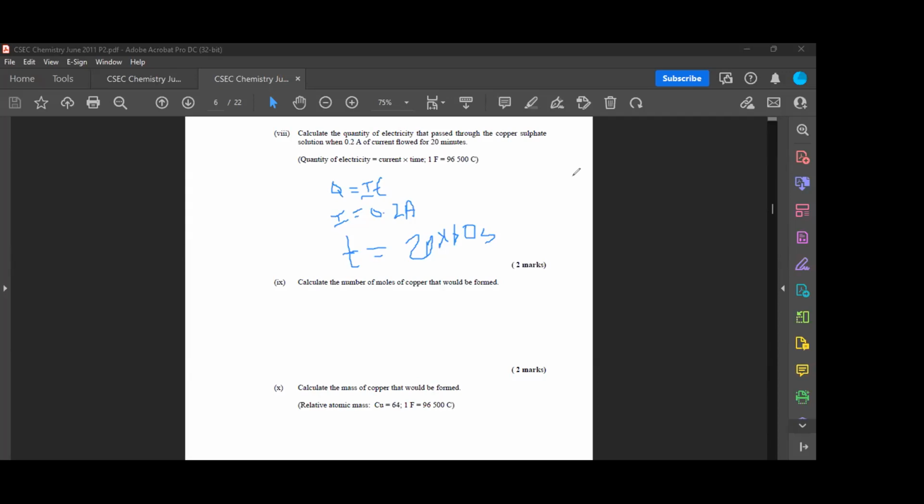Faraday's law tells you that 1 Faraday is equal to 96,500 coulombs, which is what you get when you calculate Q. And also, 1 Faraday is equal to 1 mole of electrons. So you need to know how many electrons were produced in that reaction that you wrote earlier.